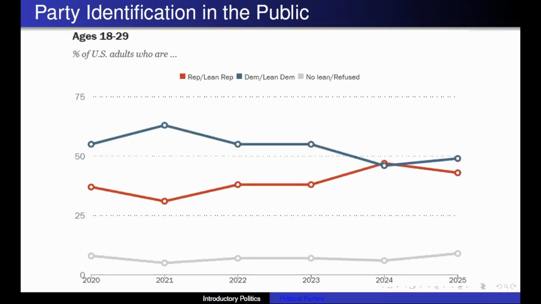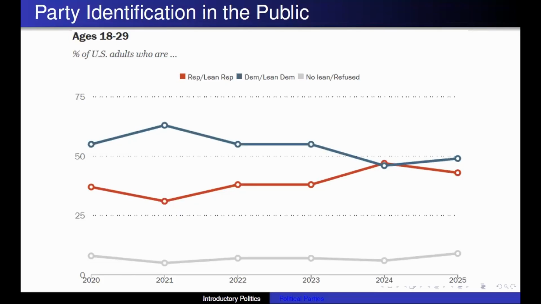When we take a look at age demographics and how we see party identification by, say, age cohort, this is where we start to see some really interesting trends. One of the things that we can see here, for example, when it comes to what we would call youth voters in general, this would be ages 18 to approximately 29, is that historically, younger voters tend to overwhelmingly support Democratic candidates.